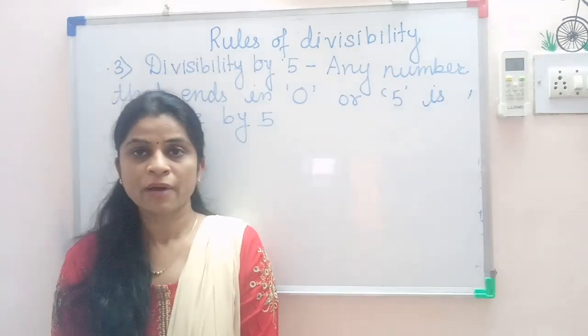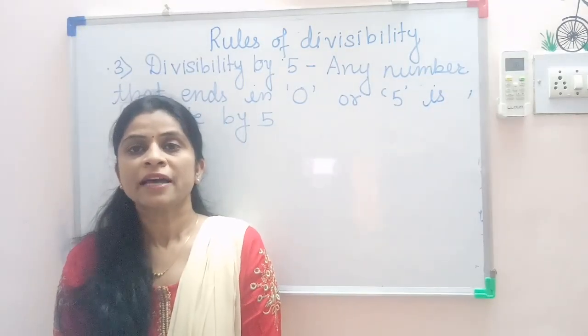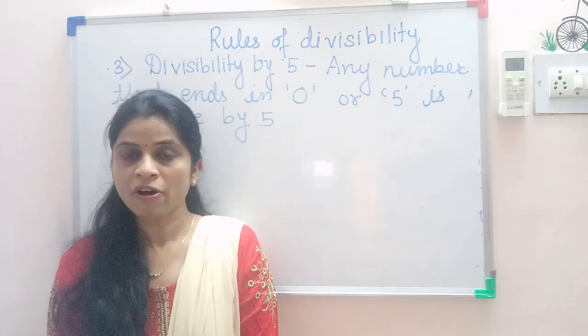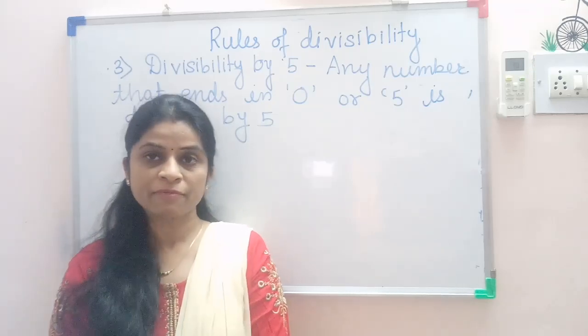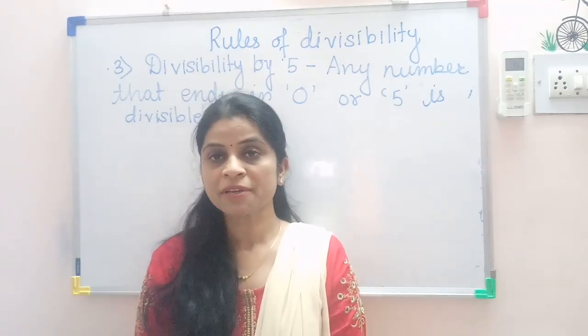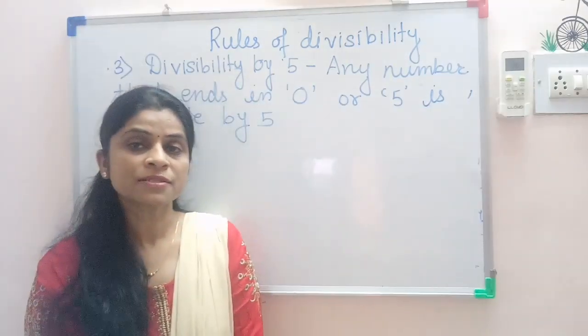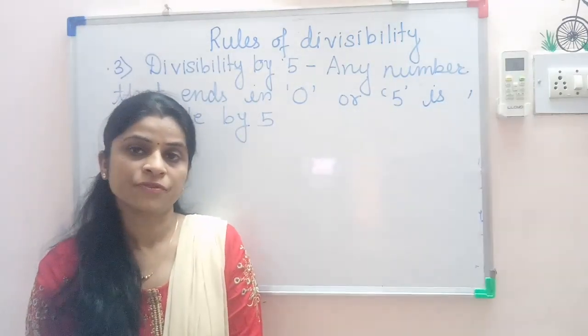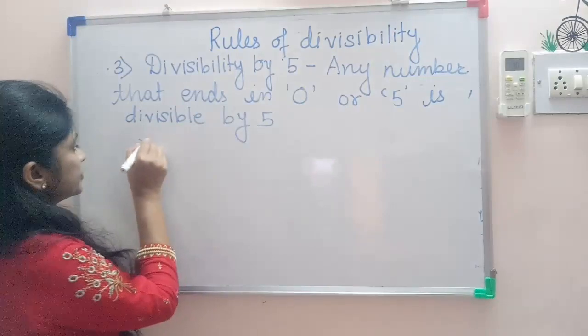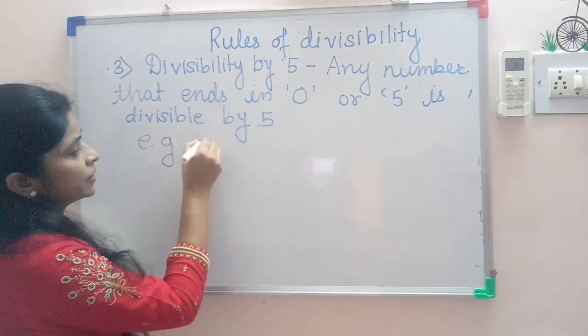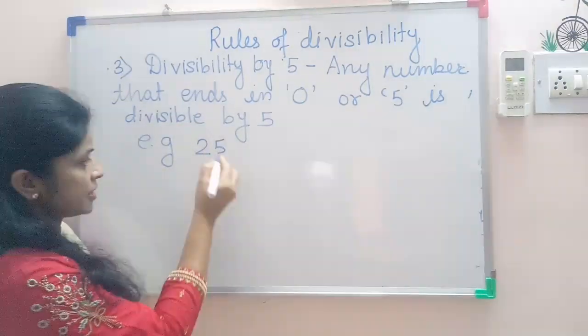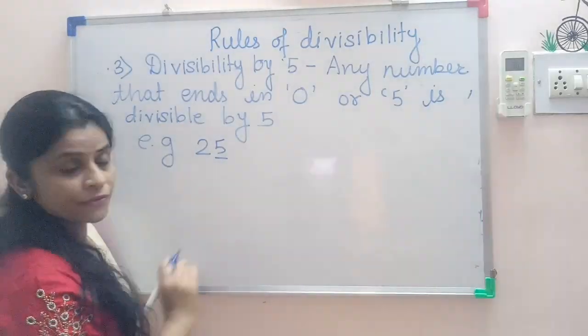Next, divisibility by 5. Any number that ends in 0 or 5 is divisible by 5. You can see in the multiplication table of 5, all the numbers end in 0 or 5. Now some examples. 25, it ends in 5.